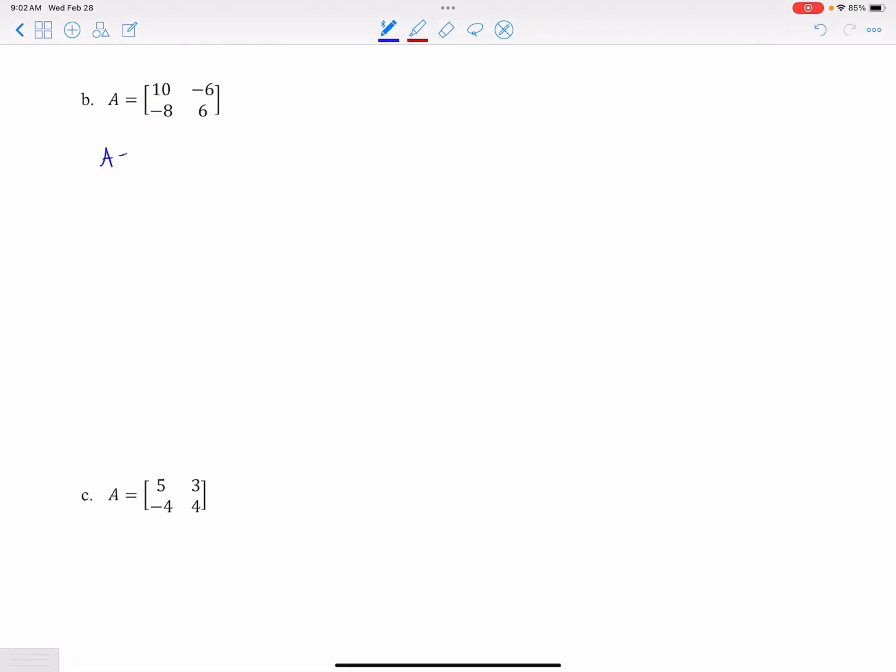So A minus lambda I is the determinant of, when we subtract off lambda from the diagonal, 10 minus lambda, negative 6, negative 8, 6 minus lambda, which is 10 minus lambda times 6 minus lambda minus 48.